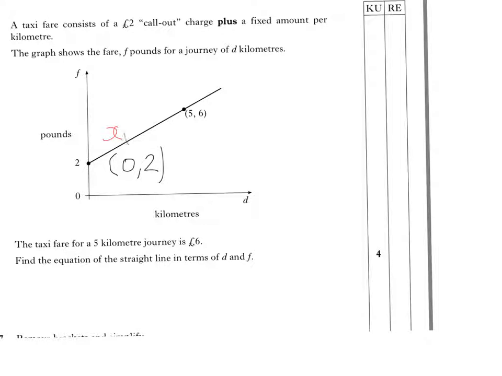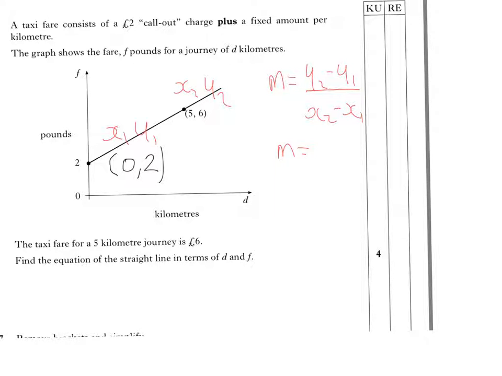So I'm going to label these as x1, y1 and x2, y2. My gradient formula is that m equals y2 minus y1 over x2 minus x1.